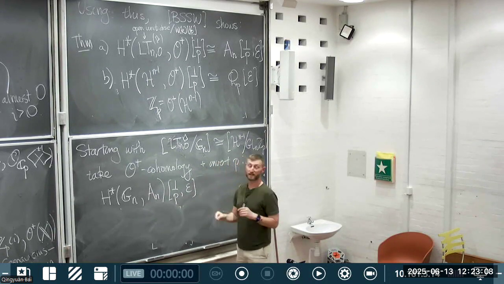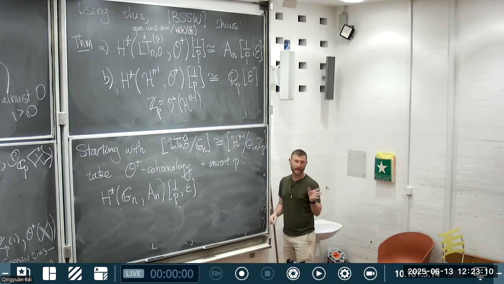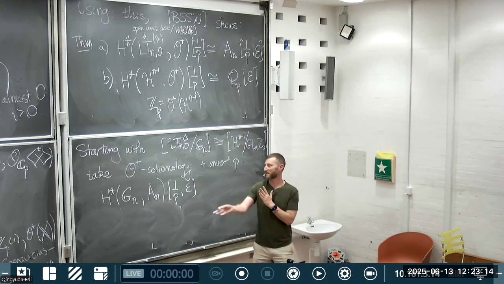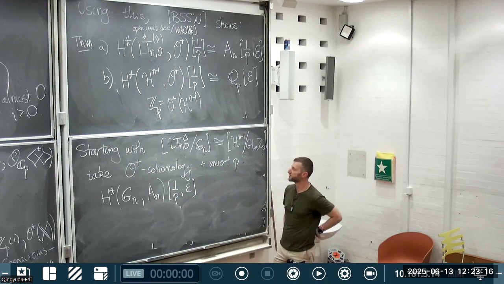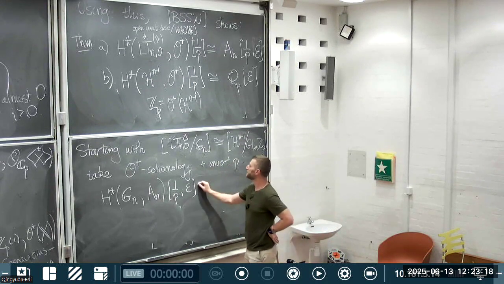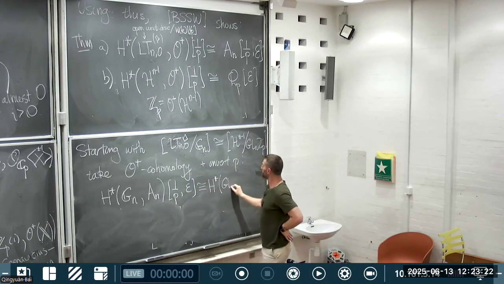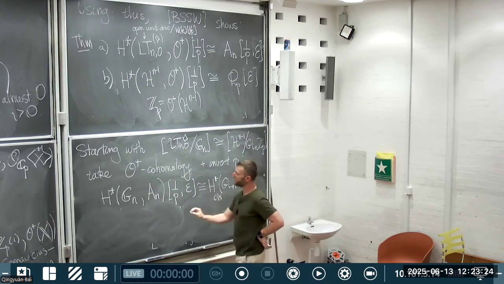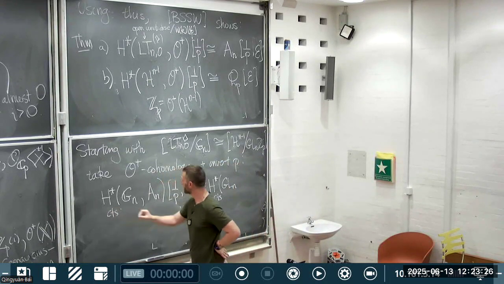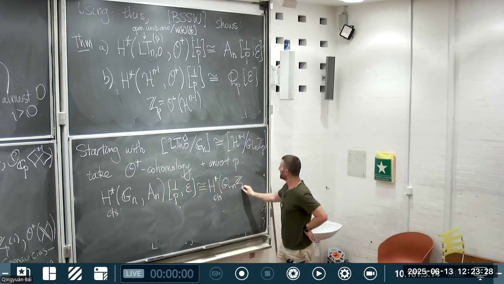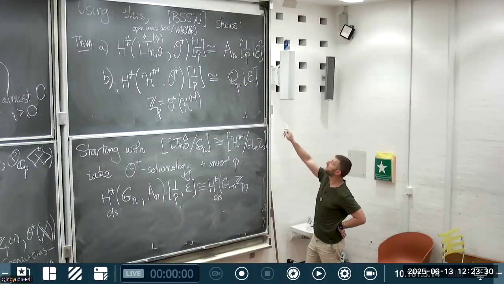Then there's this epsilon sticking around. The G_n acts trivially on that epsilon because it came from arithmetic somehow. It didn't come from the geometry of the situation. So this becomes isomorphic to the cohomology of GL_n(Z_p), always continuous, of GL_n(Z_p) acting on what now? The Q_p.